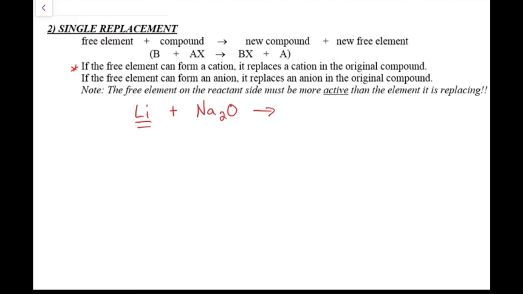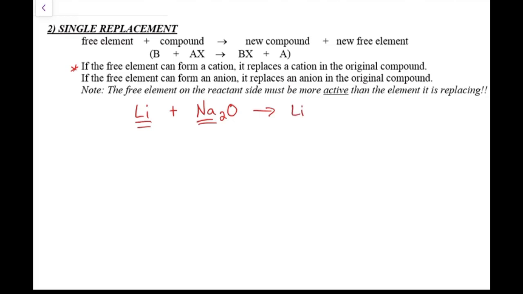So metals, of course, form cations. They form positive ions. Right now, lithium is not a cation; it's just an atom. But when it forms compounds, it will form cations. So it's going to replace the cation in the original compound, meaning sodium. So lithium replaces sodium, and so then you can imagine what you would get.